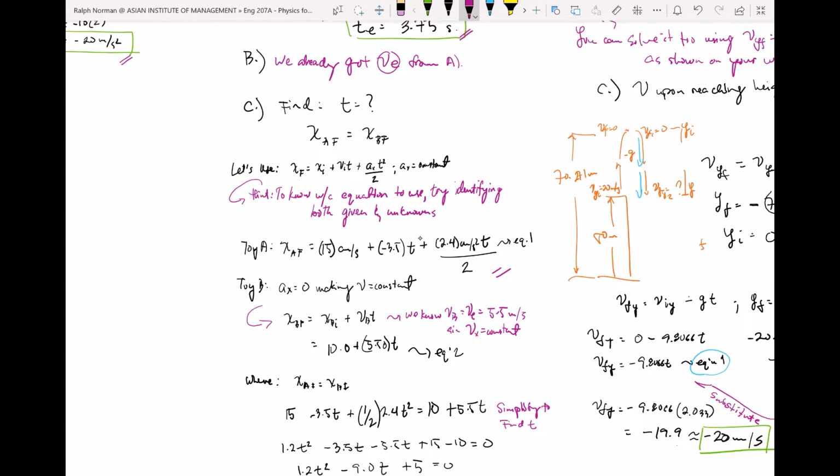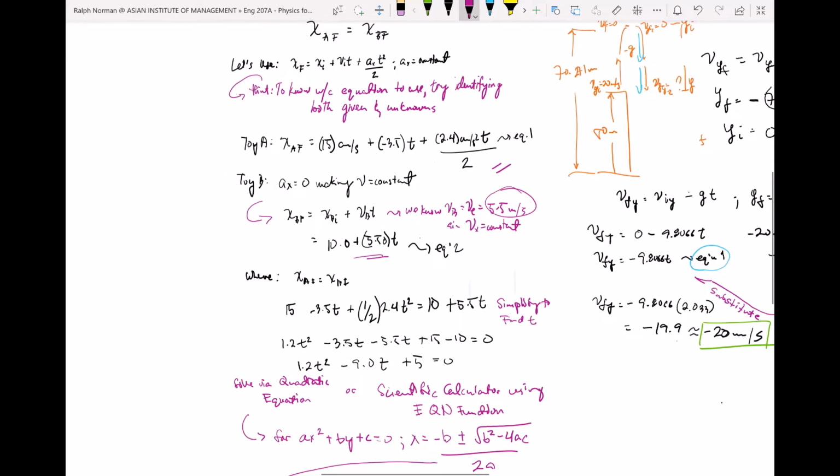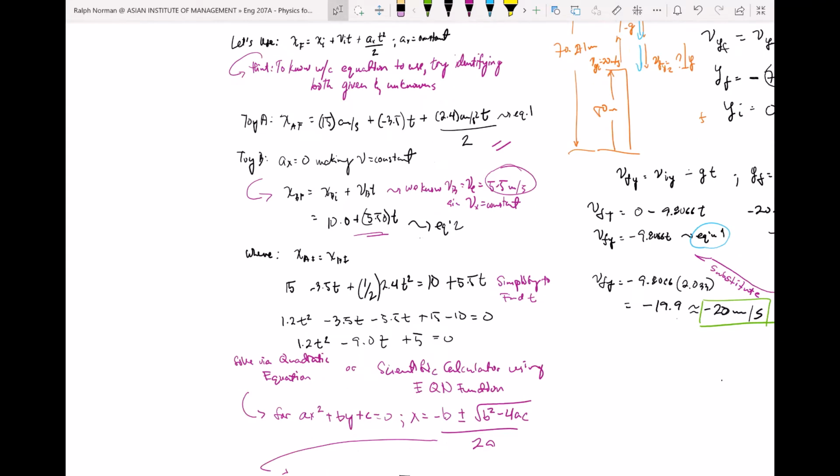And VB equals V, which we know is 5.5 meters per second. Simplifying the equation, we get this. Now we have two equations, and we simply rearrange them, and we will arrive at a quadratic equation.